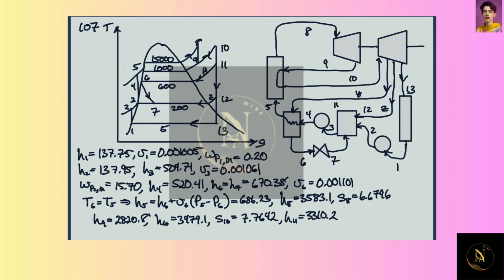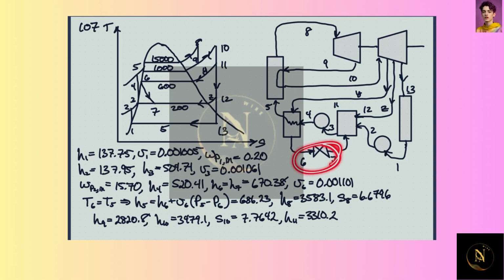Now at 3, we're told we have a saturated liquid at 200 kilopascals. So we get the specific enthalpy and specific volume there. Likewise, we know the pressure change across this pump, so we can get the specific work put into this pump, and also the specific enthalpy coming out.